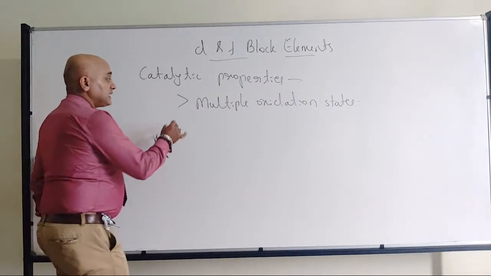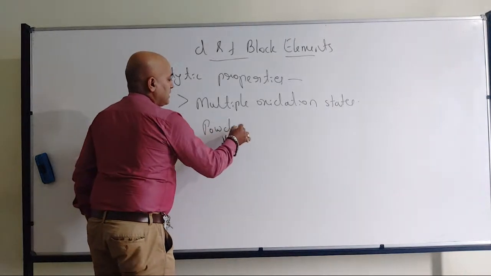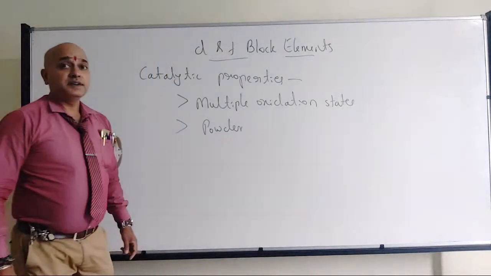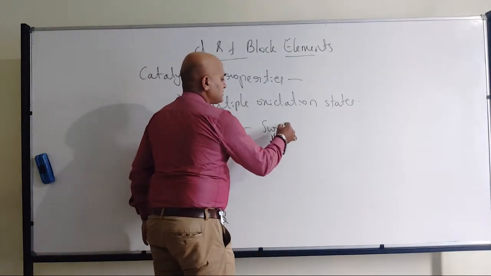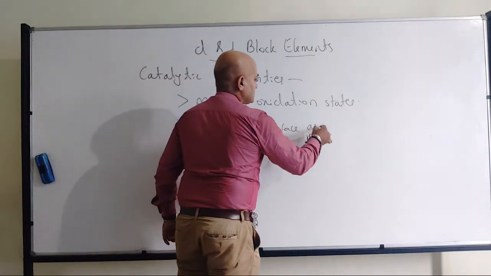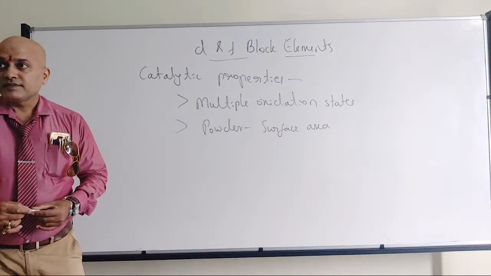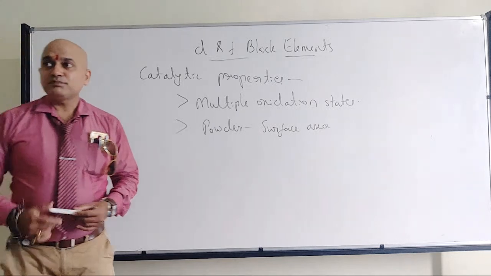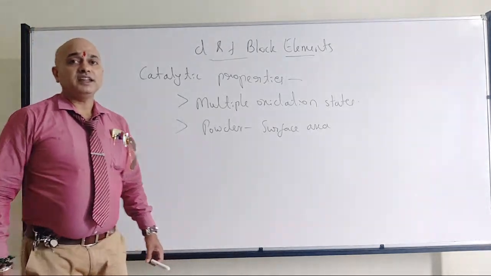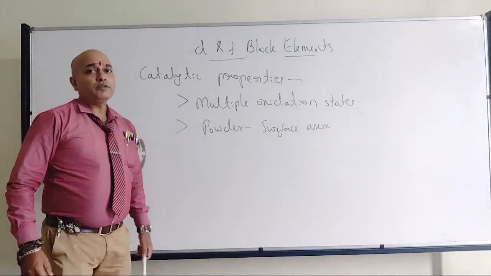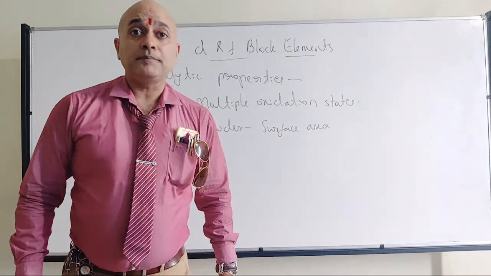That is one thing. Now, as a powder form, these are the metals which will provide a large surface area, which we have discussed with respect to surface chemistry. Very good. So, in powder form, they provide a large surface area.